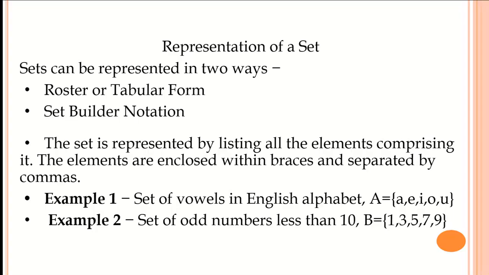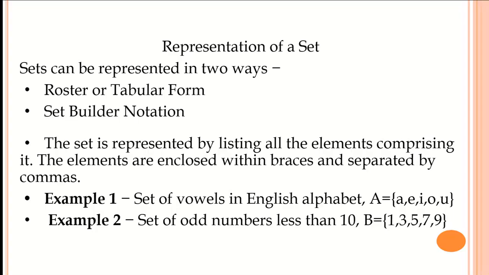For example, the set of vowels in the English alphabet. A total of 5 elements will be included in that particular set. How will it be represented? By listing the elements and separating each element by a comma. So A equals {a, e, i, o, u}.